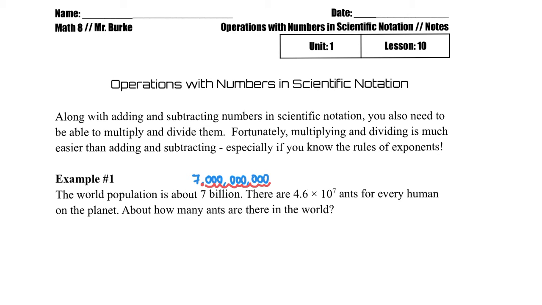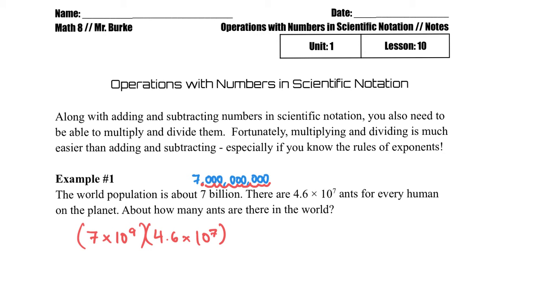So 7 billion in scientific notation is 7 times 10 to the 9th, and we are multiplying that by 4.6 times 10 to the 7th.